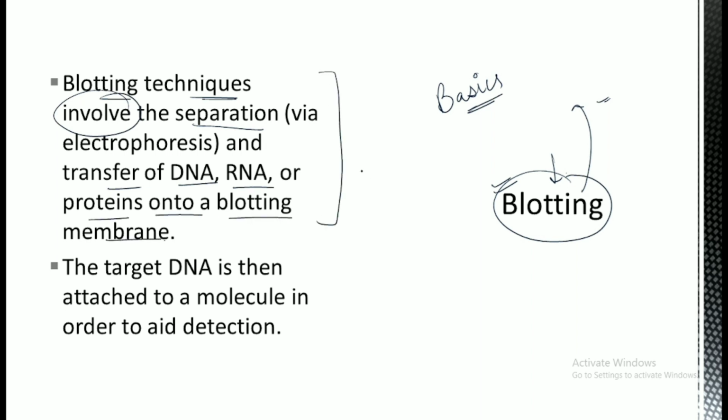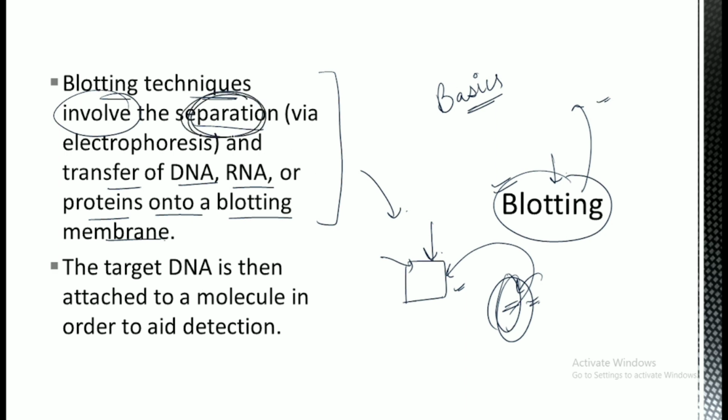What actually happens is that we have a blotting membrane and we have our DNA and RNA in a specific position. So for transferring the DNA and the RNA onto this particular membrane, this blotting procedure is followed, and it involves the separation and the transfer of the DNA.